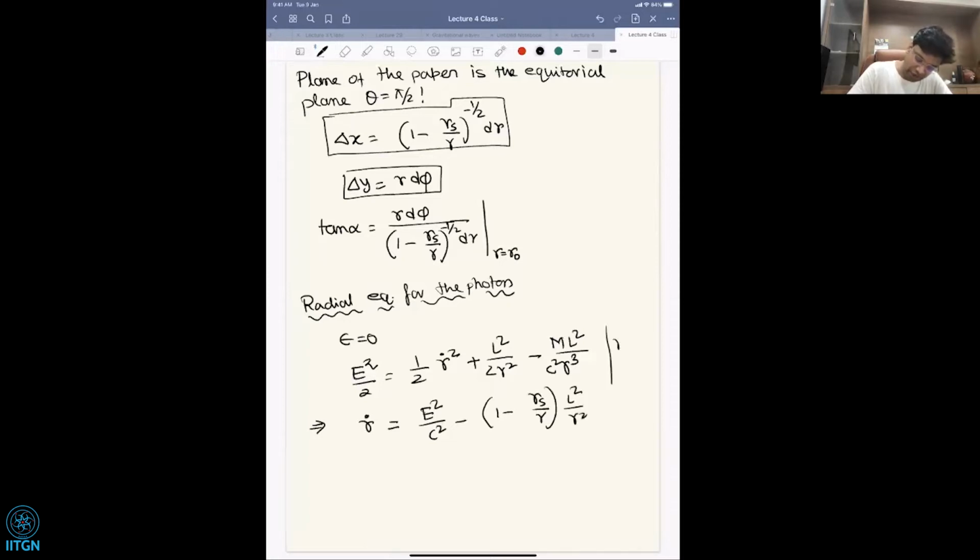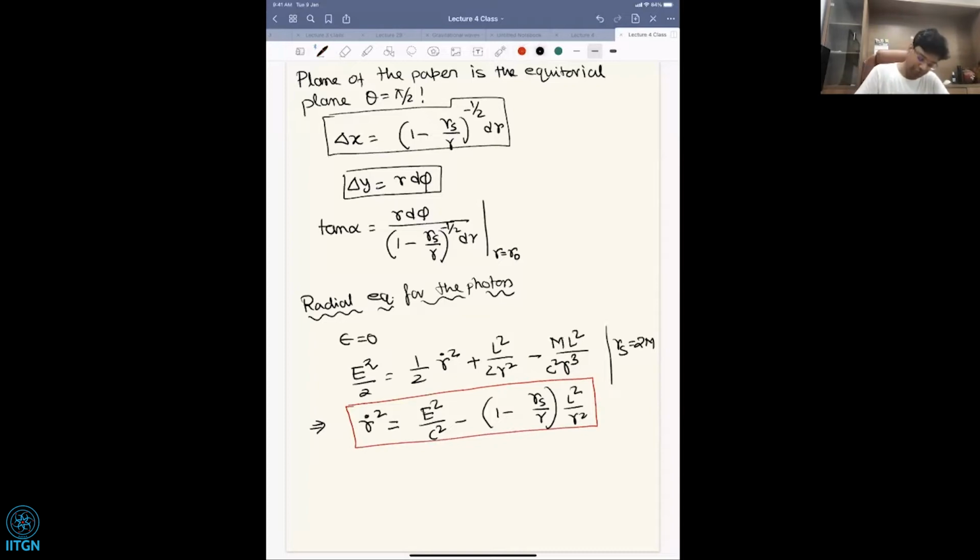Again, our notation: rs equal to 2m, rp equal to 3m. This is the r dot square we have. Remember this.